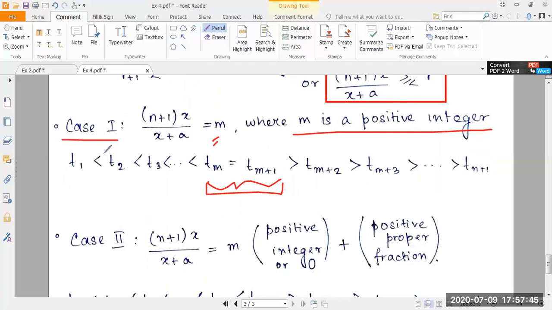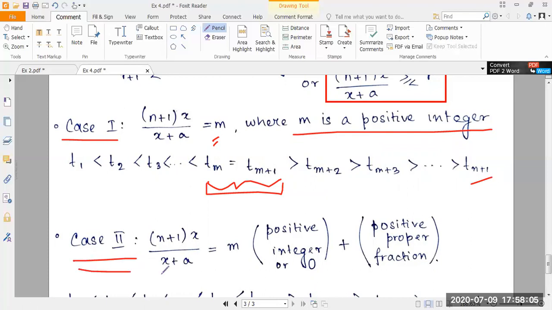So T1 less than T2 less than T3 less than Tm, it continues. Then since this threshold value m can be achieved, we have an equal to sign here, and then again the sign reverses to T(m plus 1) greater than T(m plus 2) greater than T(m plus 3), and it goes on till T(n plus 1).